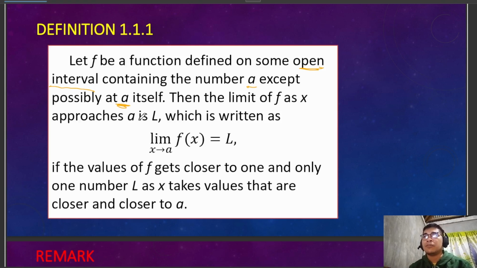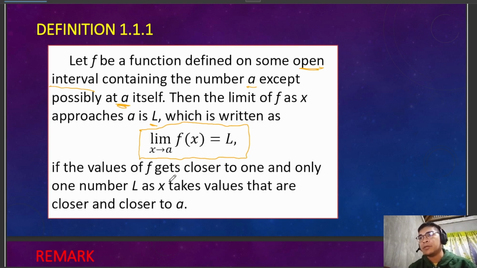Then the limit of f as x approaches a is L, which is written in this form. Limit of f of x as x approaches a is L. So this is the symbol for the definition.